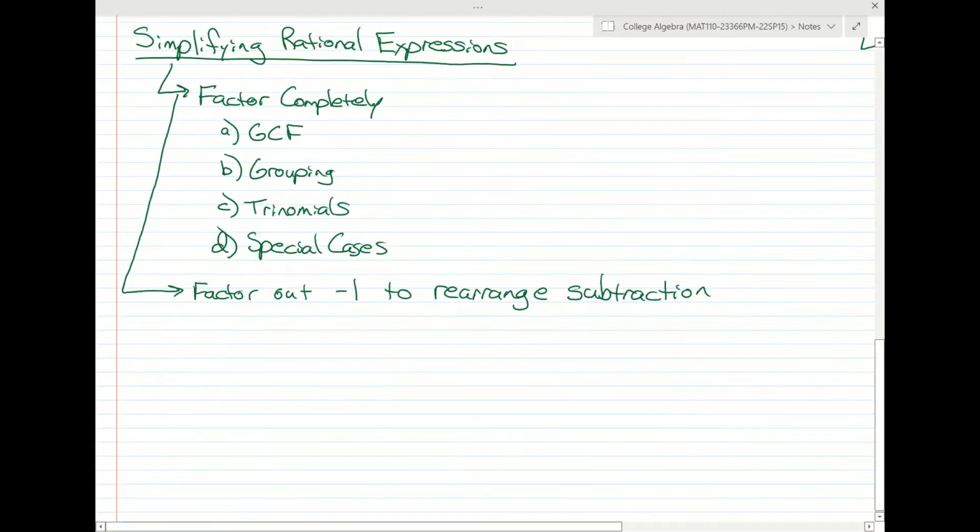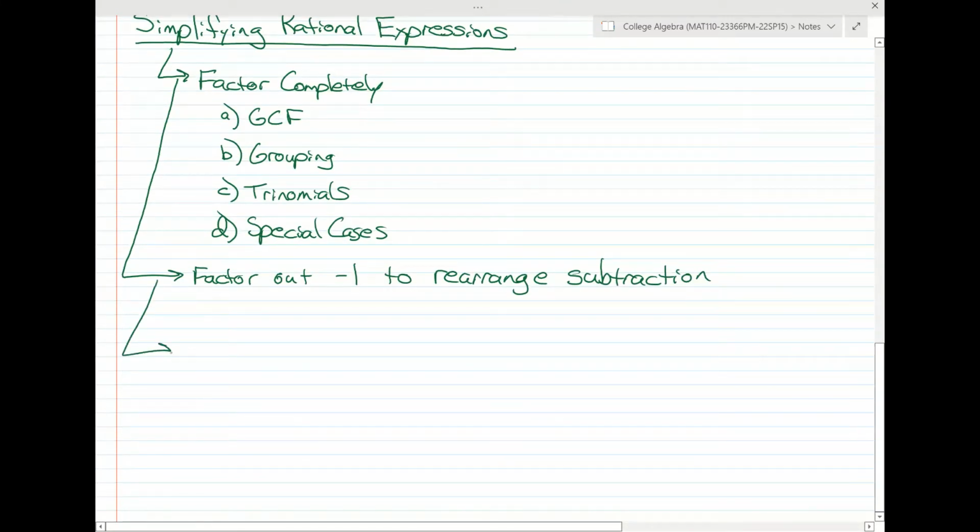And then the last step for these is we want to cancel common factors in the numerator and the denominator.